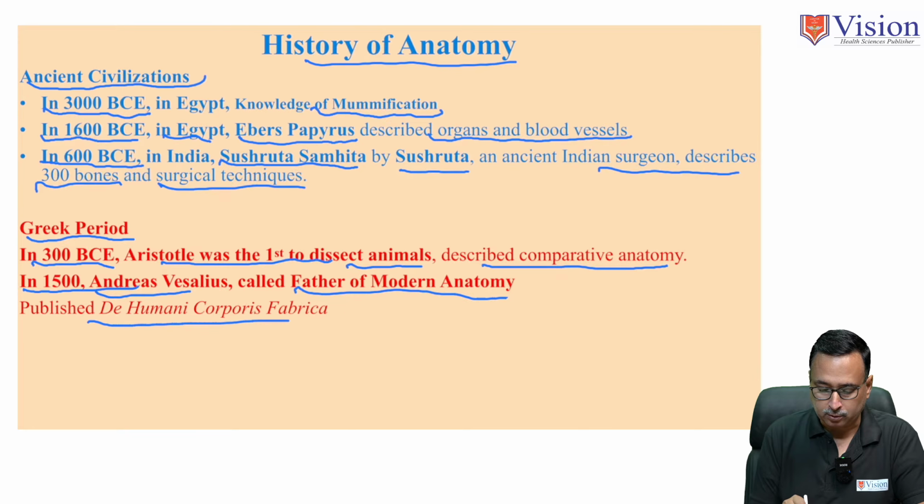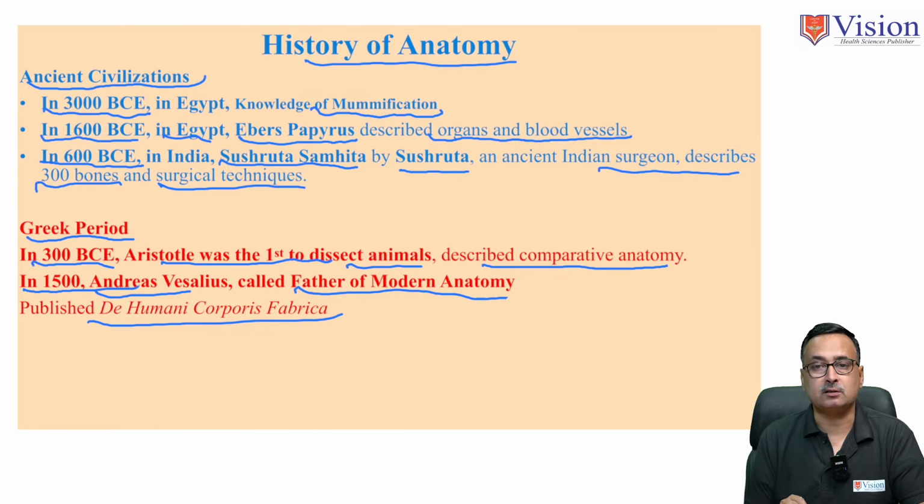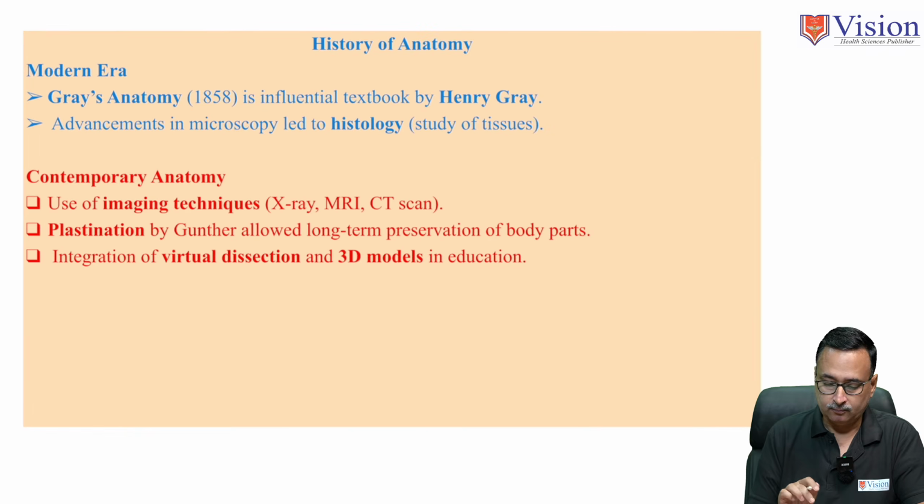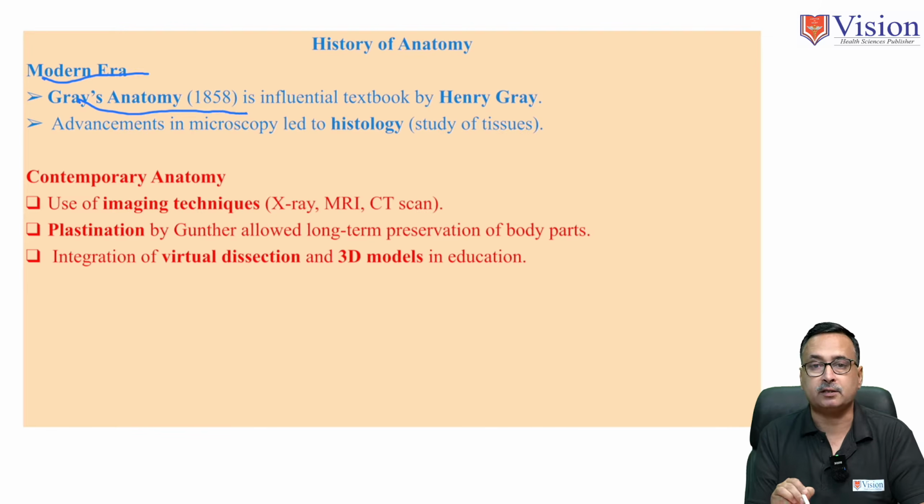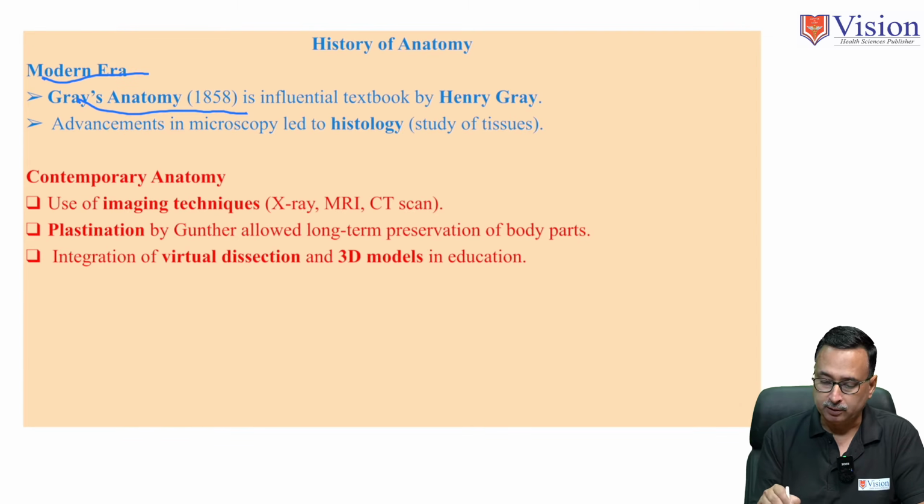He published a book named De Humani Corporis Fabrica. In the modern era, we have Gray's Anatomy. It's an important voluminous book describing the basic fundamentals of human anatomy.